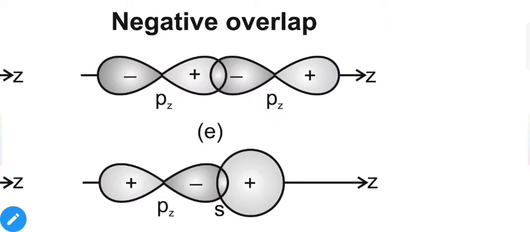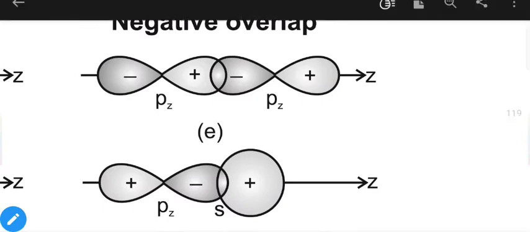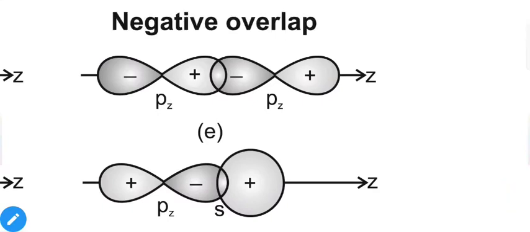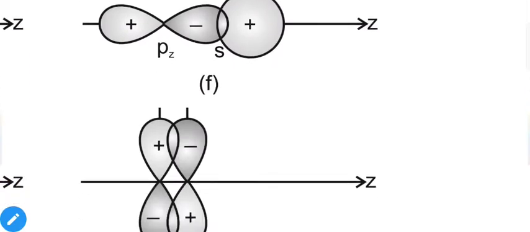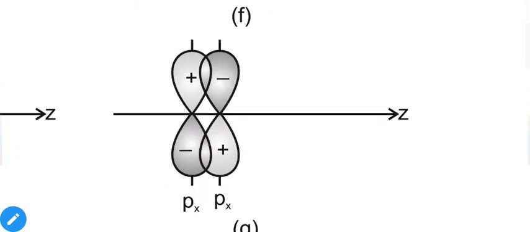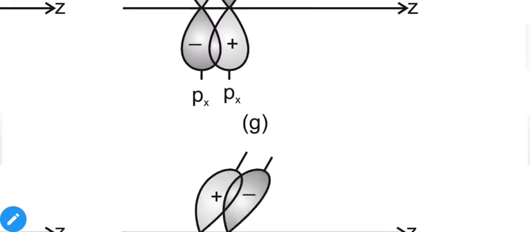As discussed earlier, the s orbital only provides positive lobes and it depends on the second orbital. So in this case pz contributes a negative lobe, that's why it is negative overlapping. Similarly, if two parallel p orbitals overlap like this, again a positive lobe is in contact with a negative lobe and a negative is in contact with a positive, so no bond formation.